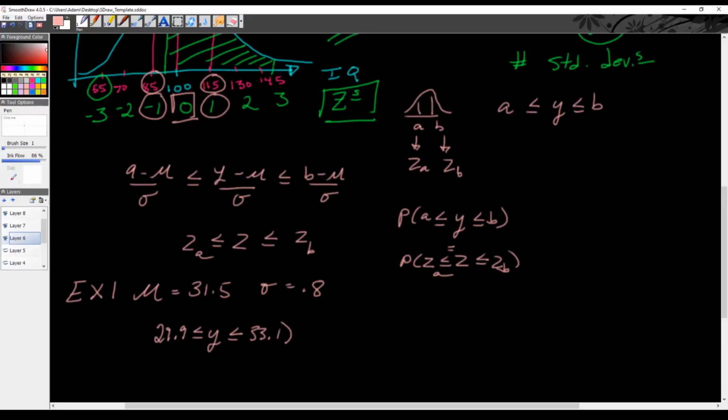So how do you do this? You solve for the z value corresponding to 29.9 and you solve for the z value corresponding to 33.1.